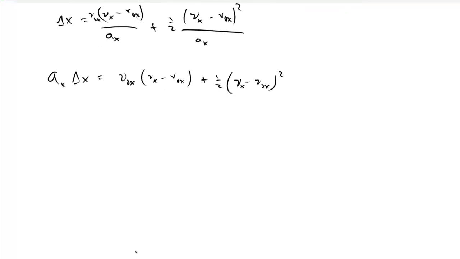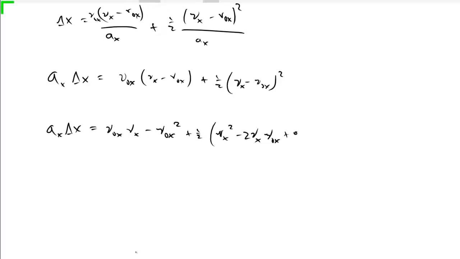Then multiplying and expanding, we have ax delta x is equal to v naught x vx minus v naught x squared plus 1/2 of (vx squared minus 2 vx v naught x plus v naught x squared).